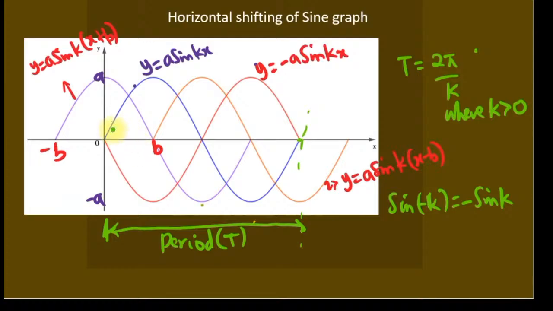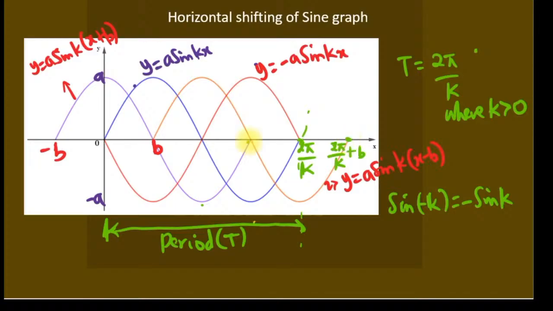And since one complete period is 2 pi over k, I'm saying that here is 2 pi over k. Remember, we shifted this one b units to the right, so the end point will be 2 pi over k plus b. It started from b and it will end here.